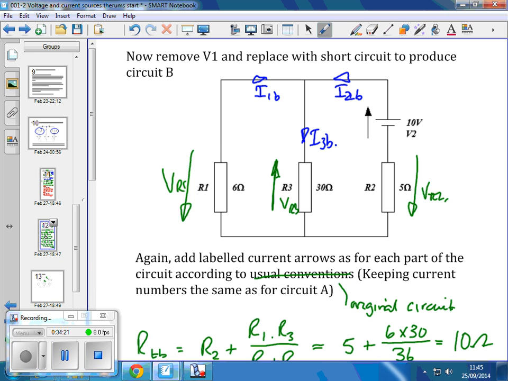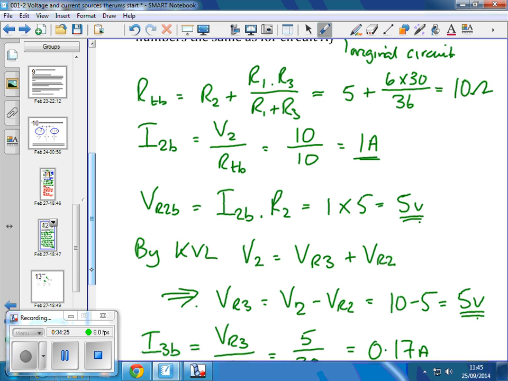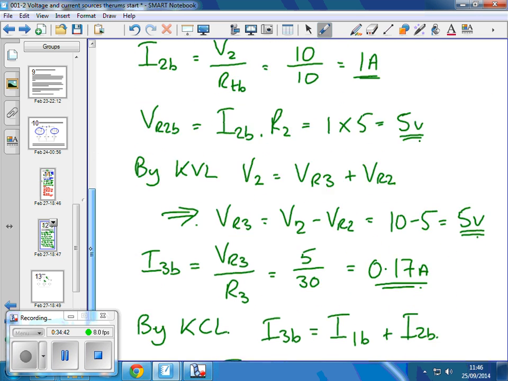Let's go back to that. For the purpose of the video, the result is that following the same method, we get 10 ohms total resistance, an amp for I2B, so we found that one. We then use the same methods as before to find the volt drop across R2. It doesn't really matter which ones we find first.